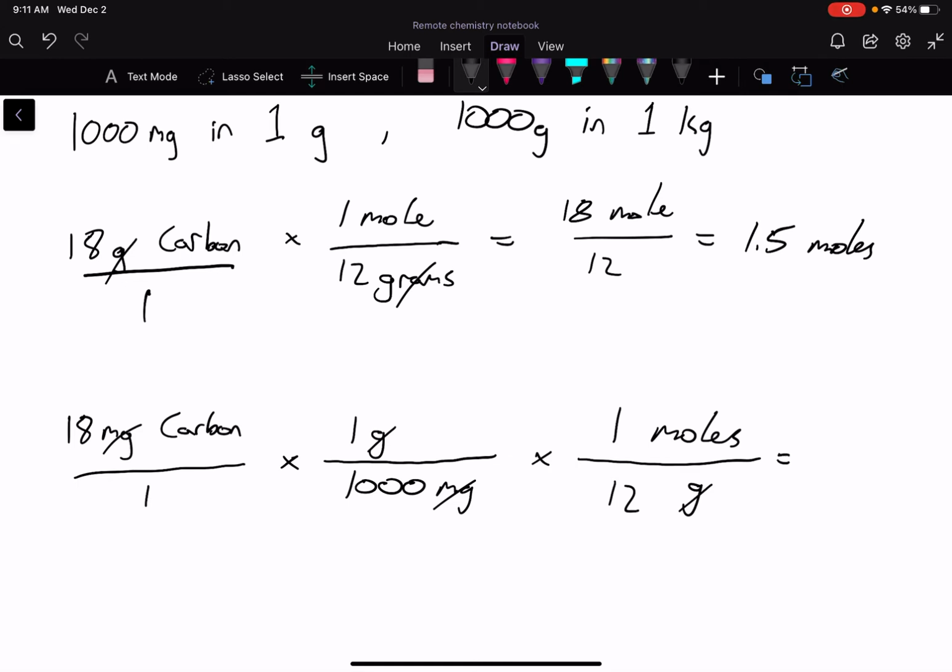So multiplying straight across, we have 18 moles. There's no units left over in the denominator, but our denominator is 12,000. So 18 divided by 12,000 gives you 0.0015 moles of carbon.